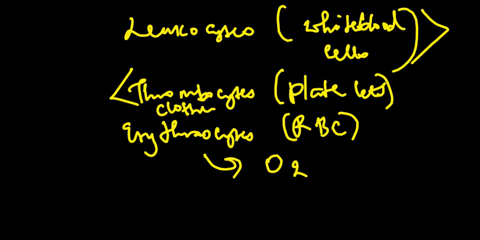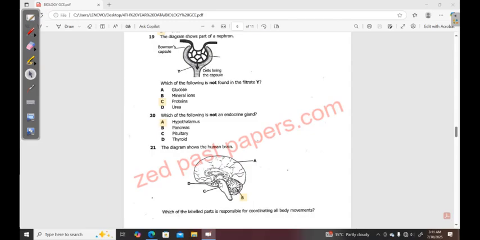If this is our Bowman's capsule, proteins are so big that they can't seep through there. If they do, it means that this person may have a condition, could be nephrotic syndrome, because now the Bowman's capsule, the membrane that filters them, has been tampered with. So in this case, it's proteins.